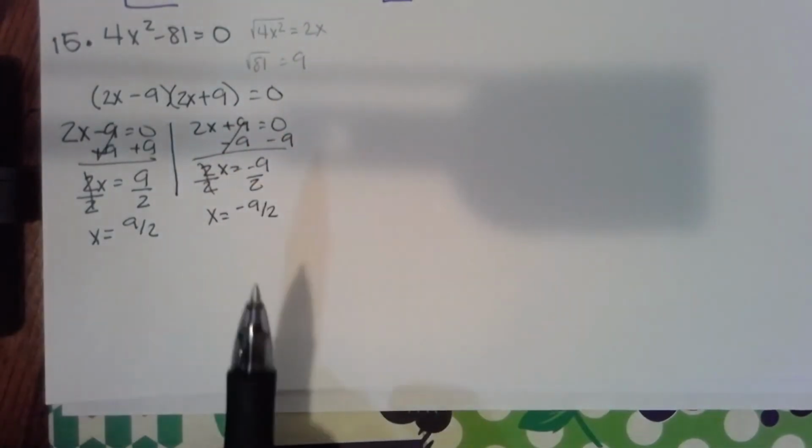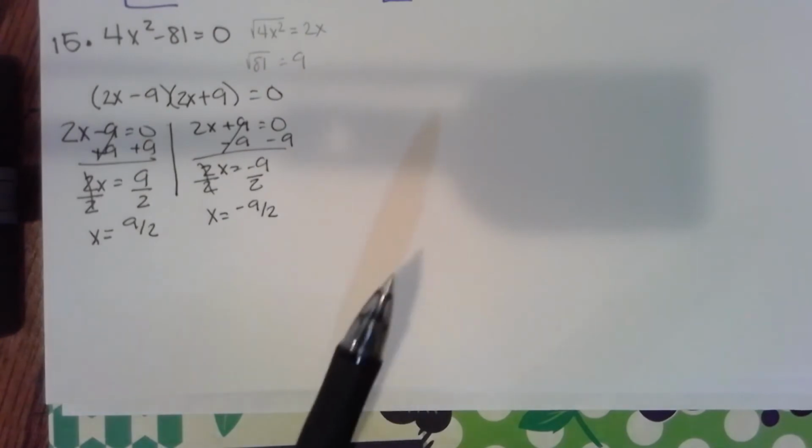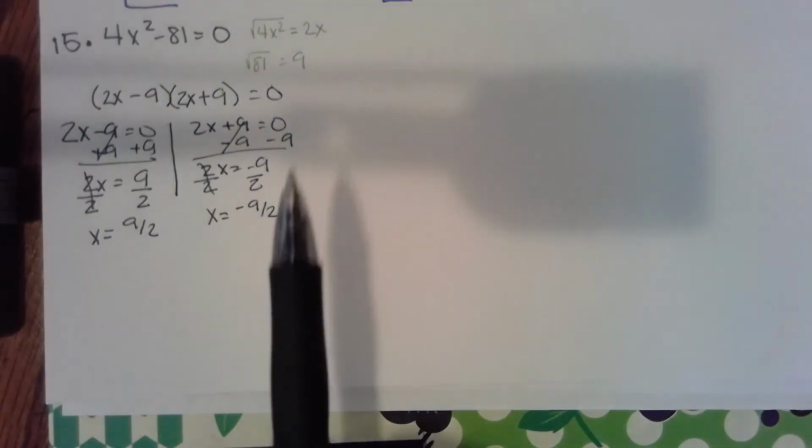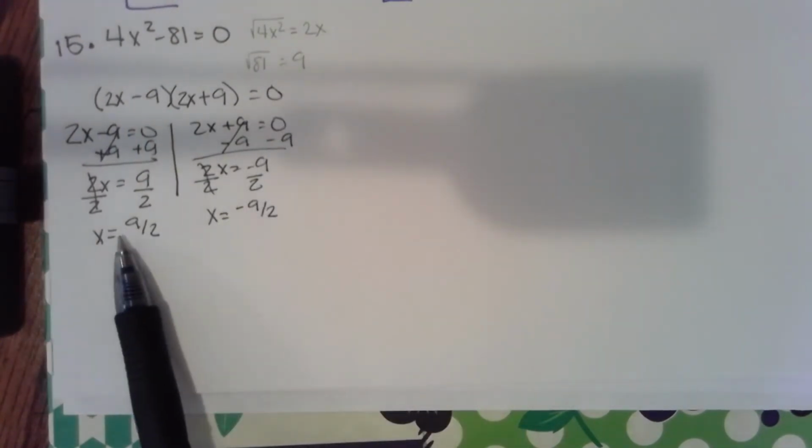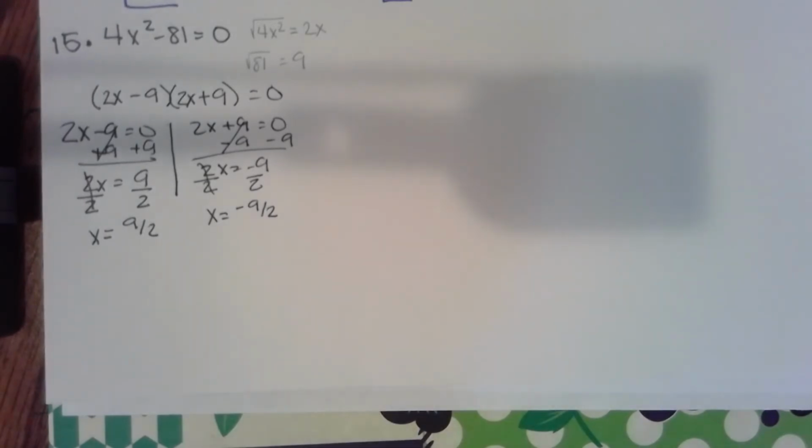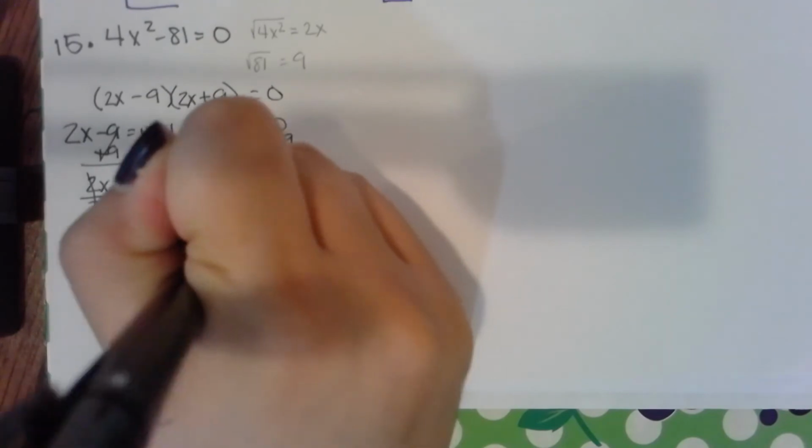So when you're doing the difference of squares method and taking the square root of things, you end up getting the same value, but one positive and one negative. So you would write that as x equals negative 9 halves, comma 9 halves.